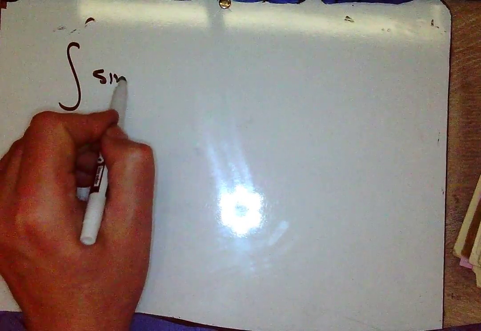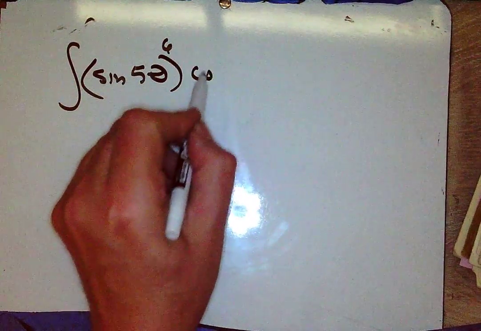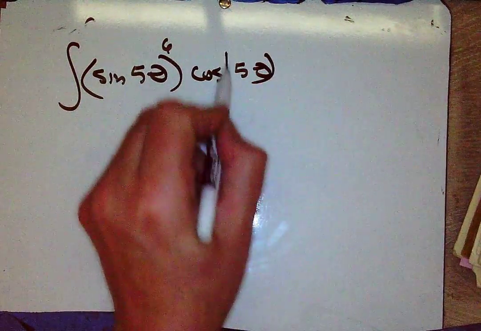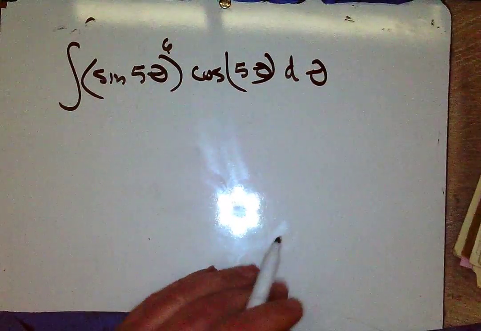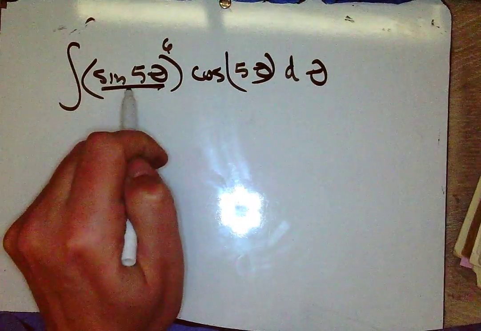Integral sine of 5 theta to the 6th cosine of 5 theta d theta. Well, that is inside that function. So that is my u.